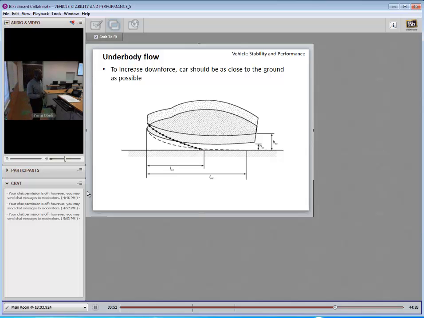So it is important to lower, whenever possible, if you want to increase the downforce. You should have the car as close to the ground as possible for increased downforce on the vehicle.